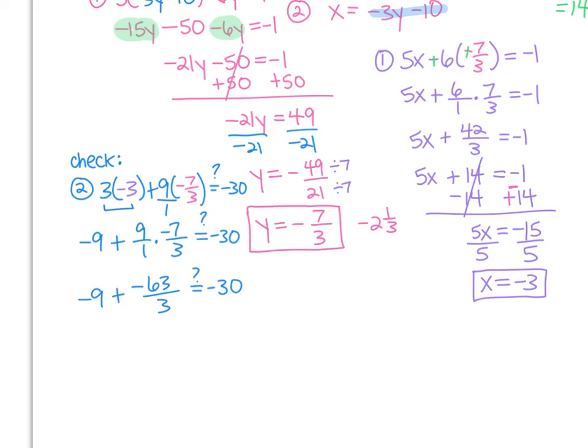Okay, and then now -63 divided by 3 is -21. So it's -9 plus -21. Is that really equal to -30? And yes, it is. -30 is equal to -30.